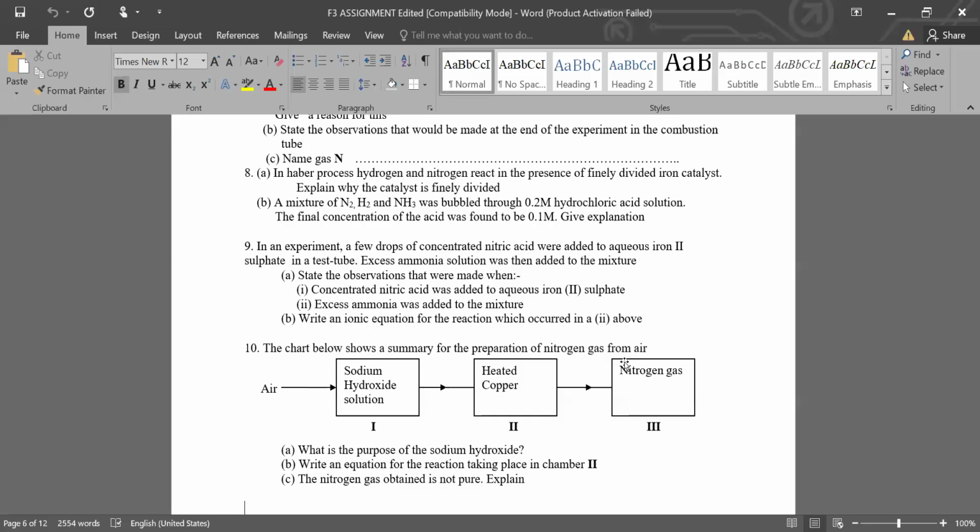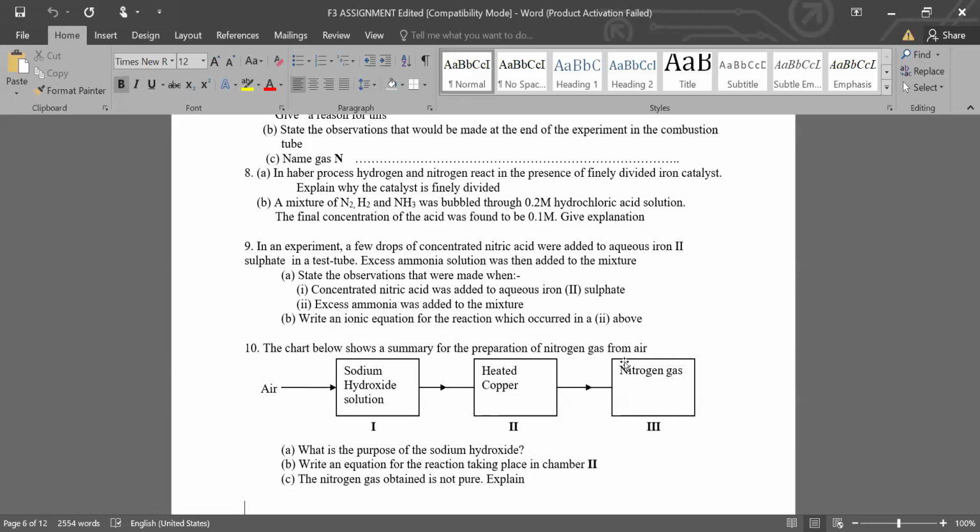Though we know that the very reactive metals like potassium, sodium, calcium, and magnesium can react with nitrogen, copper is not a very reactive metal, so it does not react with nitrogen.